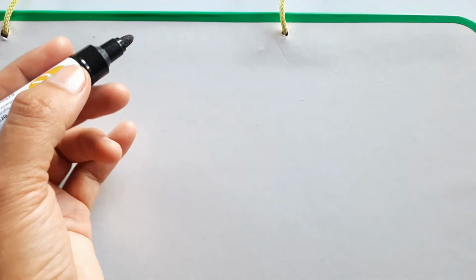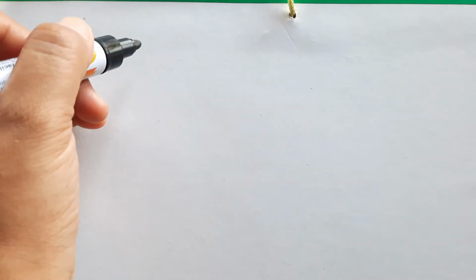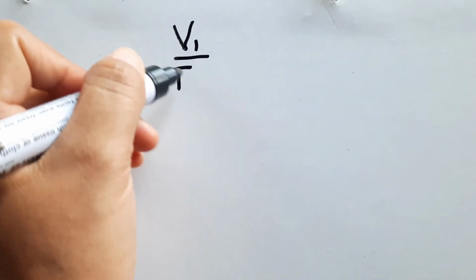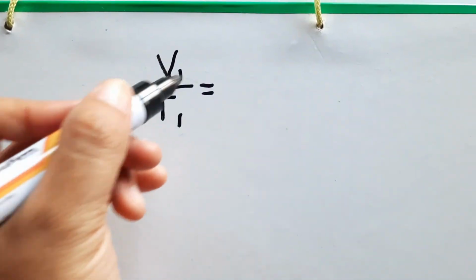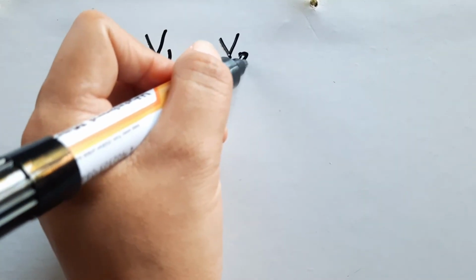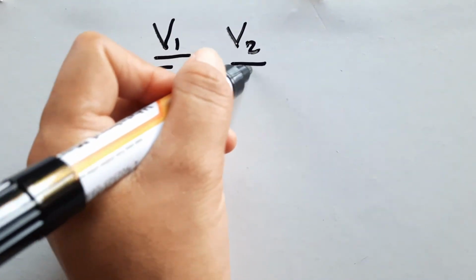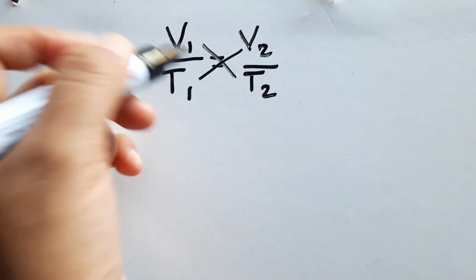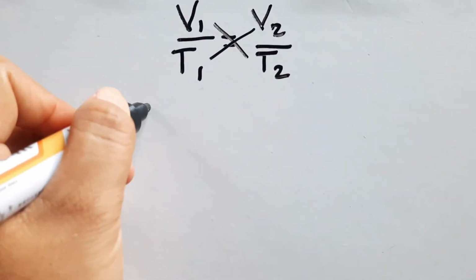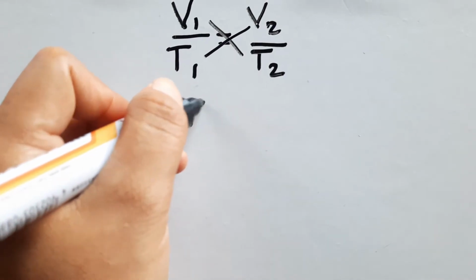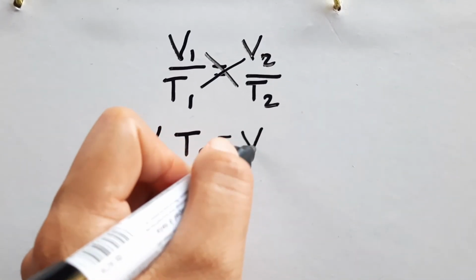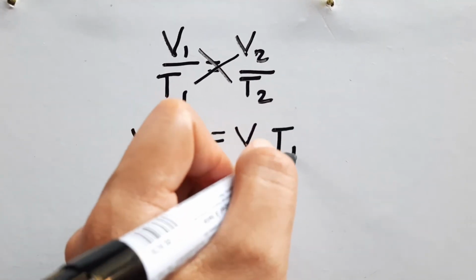This is the actual derivation of the equation on a whiteboard. First, write Charles' law equation: V1 over T1 is equal to V2 over T2. Then, we will cross multiply and write the product: V1 times T2 is equal to V2 times T1.